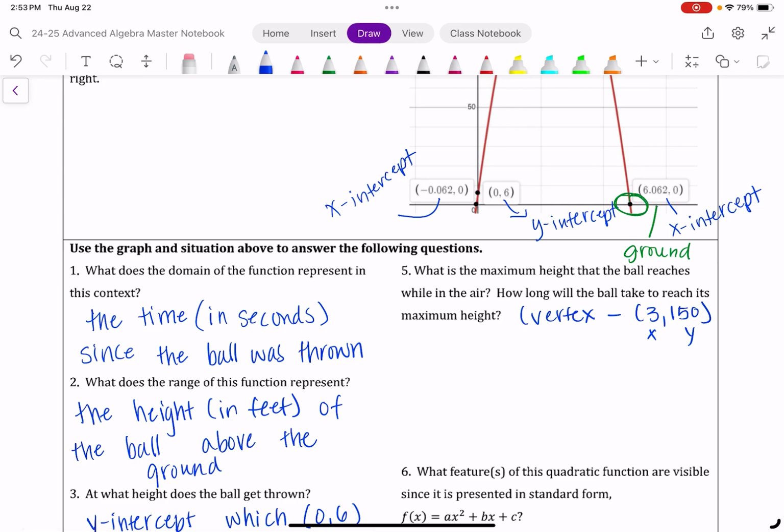We're talking about height, and that was this right here. So that would be our y value. So our height would be 150 feet. And it says, how long does it take it to reach its maximum height? Well, that is our time, which is our x value. So that would be 3 seconds.